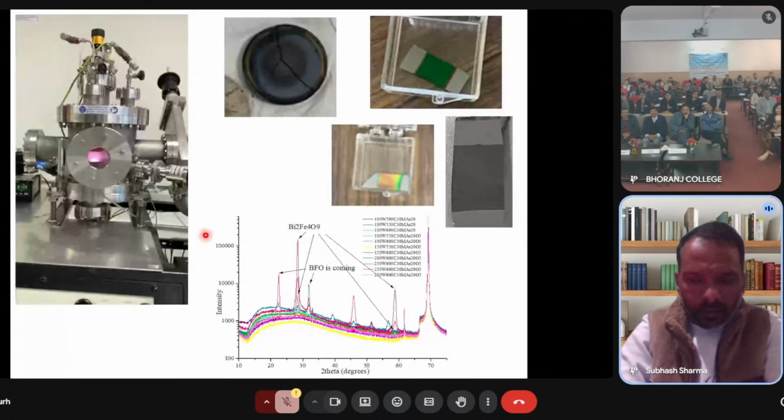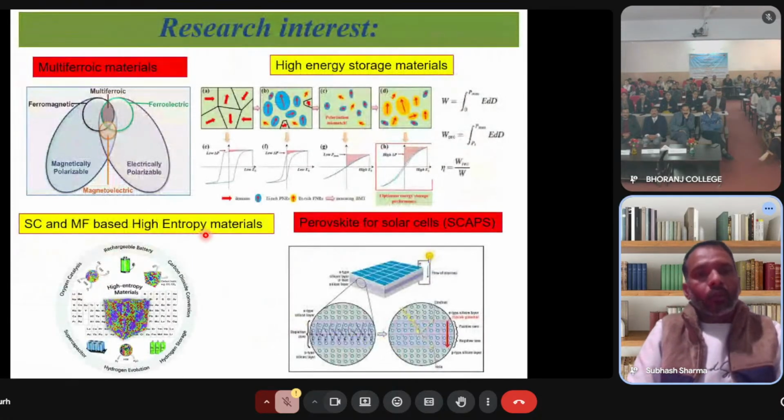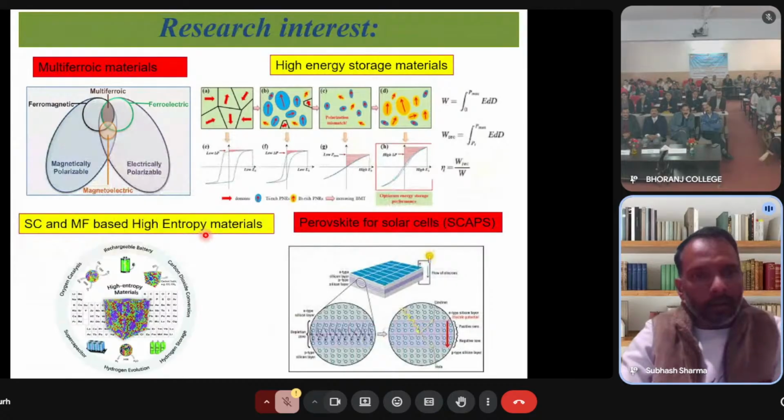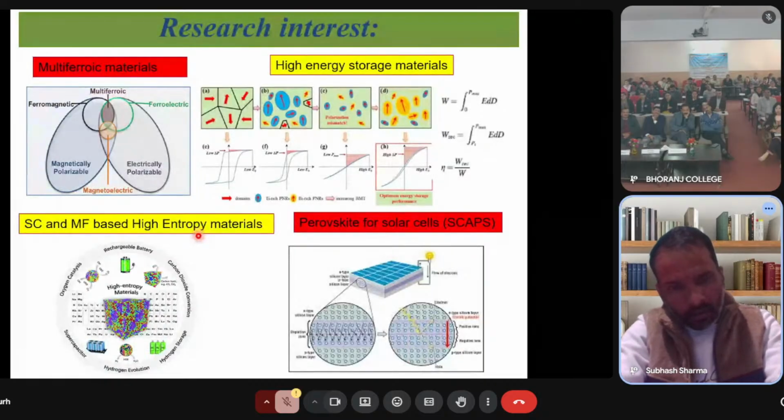But today, I just need to talk about the basics of multiferroics. My group is dedicated to 4 research lines: multiferroic materials, high energy storage materials, semiconductors, and multiferroic based high entropy materials. Nowadays, the field of high entropy materials is very focused and growing.